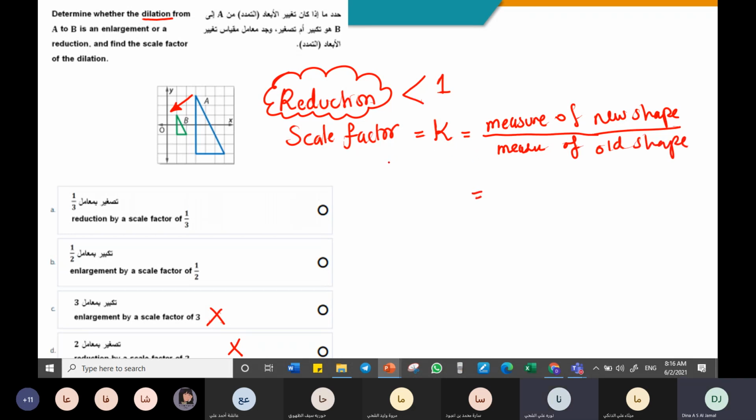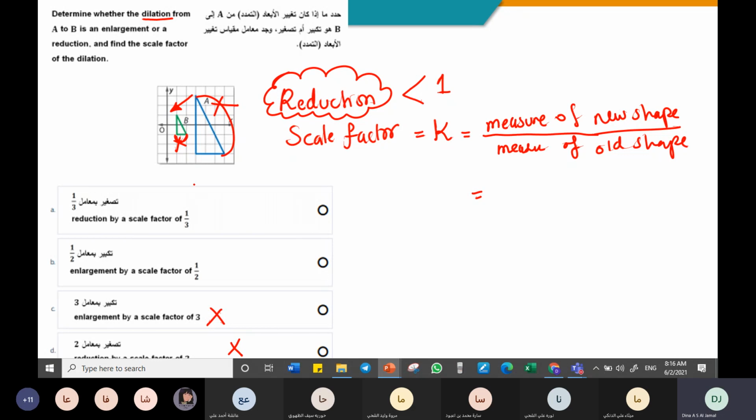Now take any side, but you will not go to this side and then compare with this side. This is wrong. You need to take the comparison at the same side of whatever two you would like to compare. So let's see, 2 over 6.